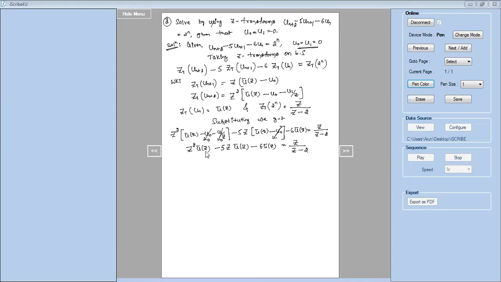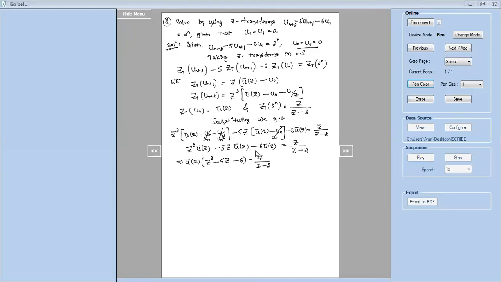Now in the left hand side, if you observe, this u bar of z is common in all the terms. You just take this u bar of z common. So what we get is z square minus 5z minus 6 times u bar of z is equal to z by z minus 2.